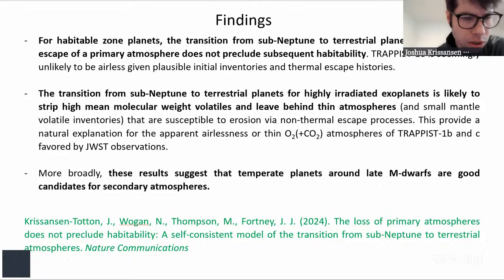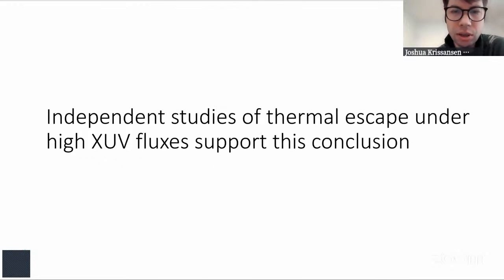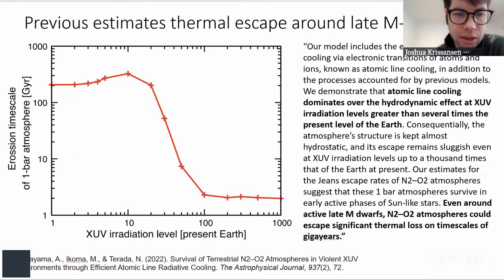This work that I've just been talking about was published a couple of months ago. But what I wanted to do now was mention some other literature that potentially supports this view. There have been a few interesting papers in the last few years getting into the details of thermal escape that perhaps come to a conclusion consistent with this. So, studies of thermal escape under high XUV fluxes.